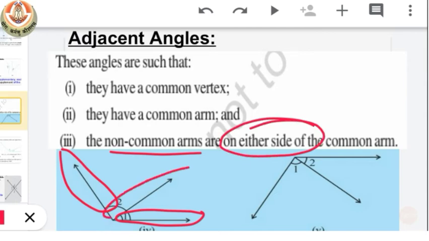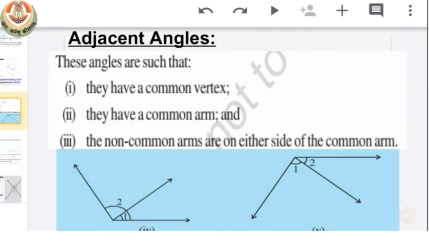If it is a common arm, these two uncommon arms should be on either side, meaning one arm should be on the left side and the other arm on the right side. Here we can easily see that yes, the two uncommon arms are on either side of the common arm. Similarly in this figure also. So the given figures are examples of adjacent angles.